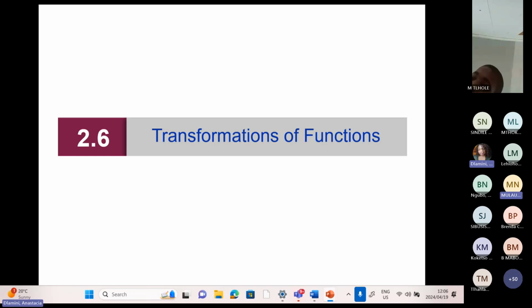As a teacher, you won't be able to sketch the graphs and explain to your learners. If you're given data and you're sketching the graph and you need to be transforming the data by adding values and subtracting, then you won't be able to do that.